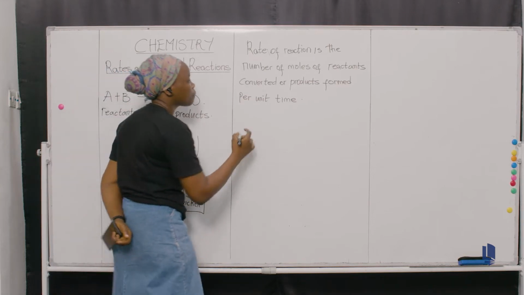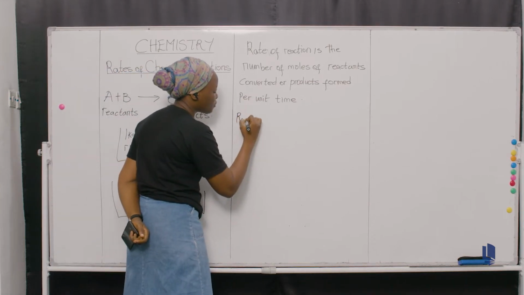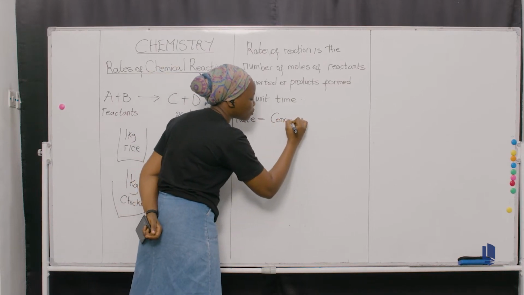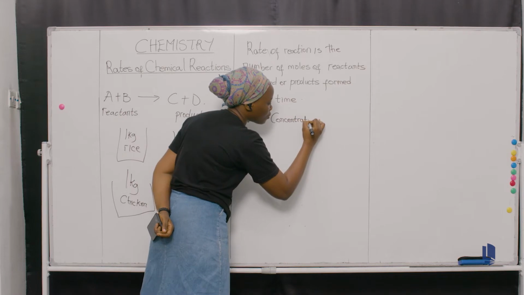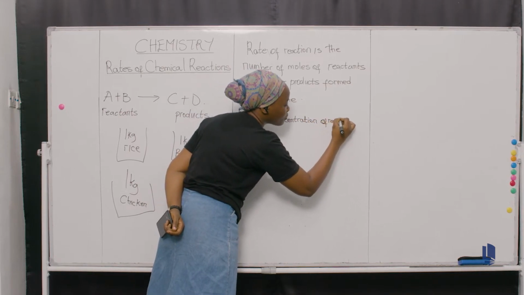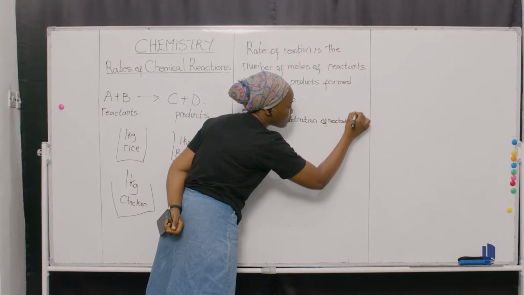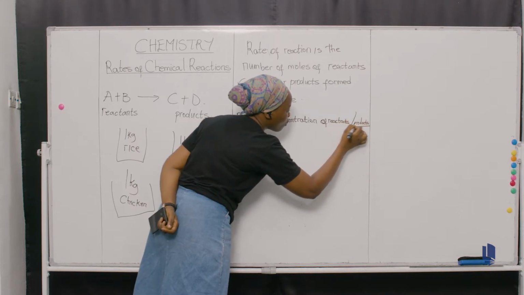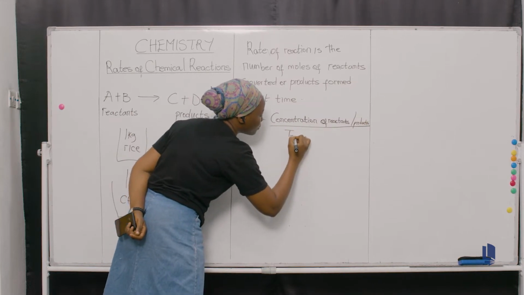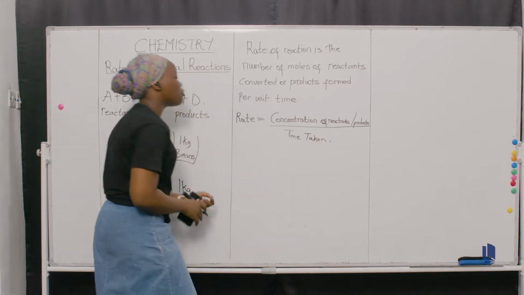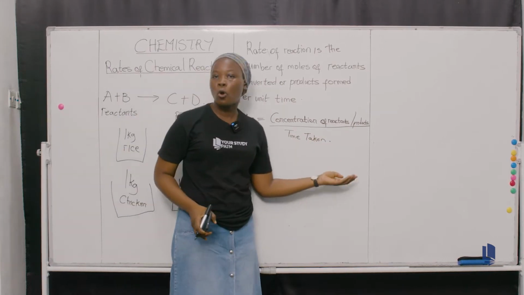So we can say rate is equal to the concentration of reactant or product over time taken. That means you are calculating rate of reaction involving concentration.